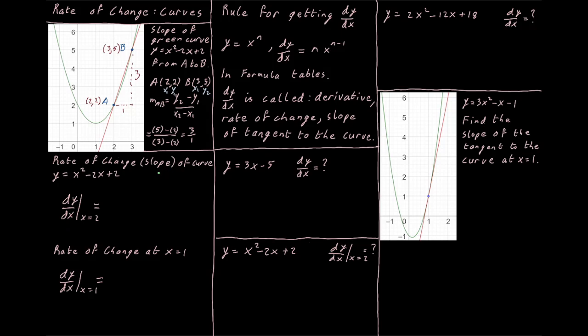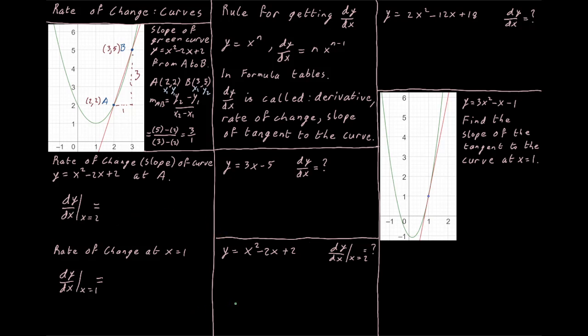So if we want to know the rate of change of our slope at the point A, we're going to be talking about dy dx, our instantaneous rate of change at x is equal to 2, because the x coordinate of A is 2. So what we're going to do is switch to a graph and have a look at what that looks like.